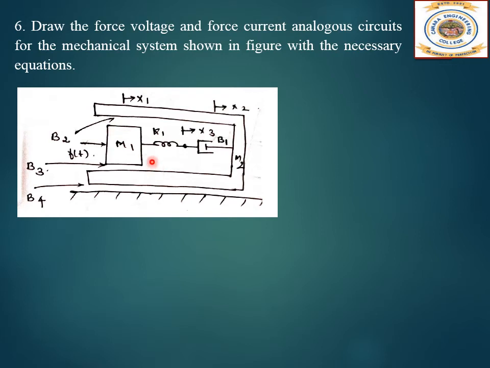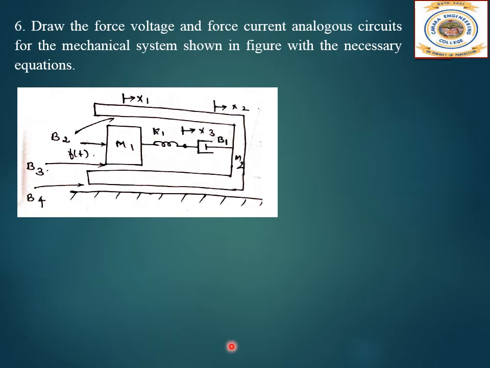Then we have x3. K1 will come between node x1 and node x3. And b1 is connected from x3 to m2, meaning it is between x3 and x2. We also have b4, which is between m2 and the reference, so that will come from x2 to the reference. M2 should always be connected between the node and the reference.